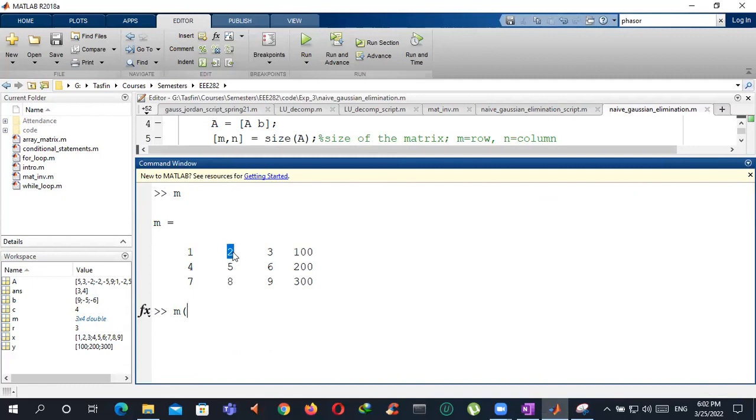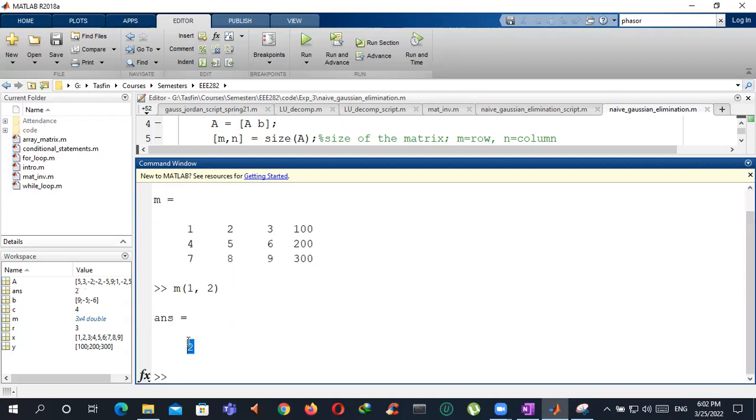This element is sitting in the first row, so 1, then a comma, then the column number. This 2 is sitting in the second column. So first row, second column, and if I hit enter, I will get 2.